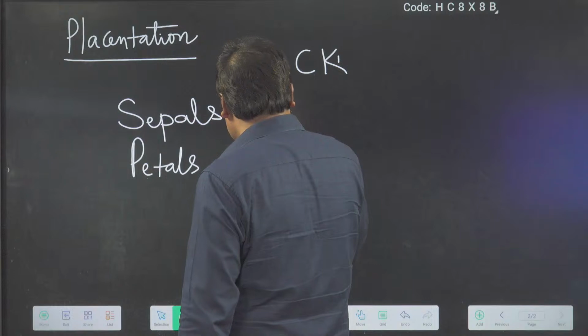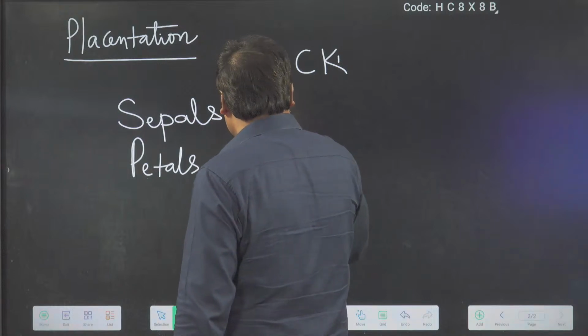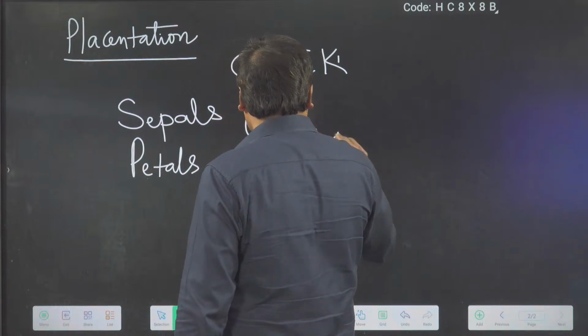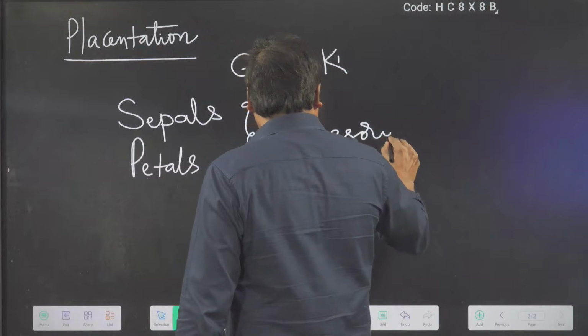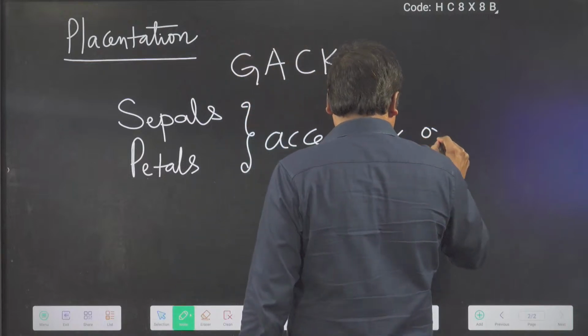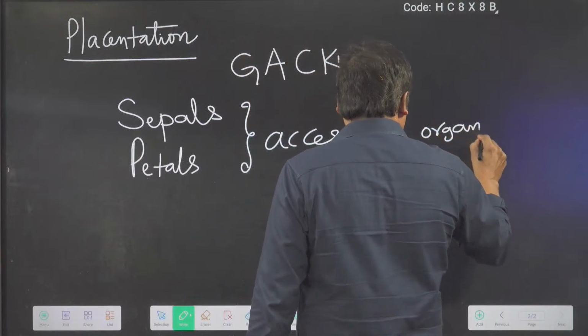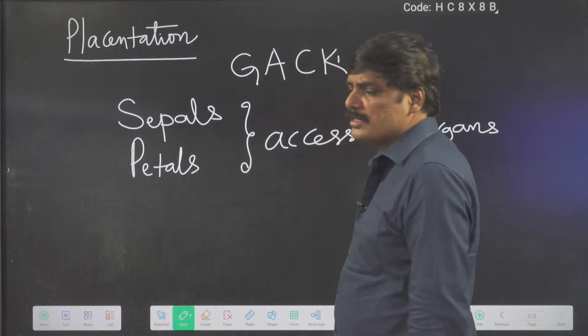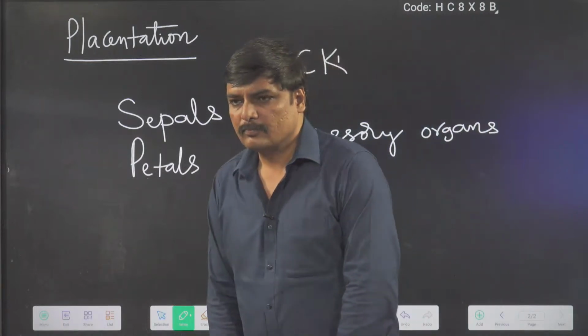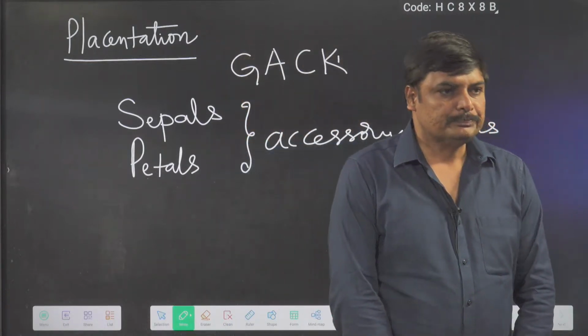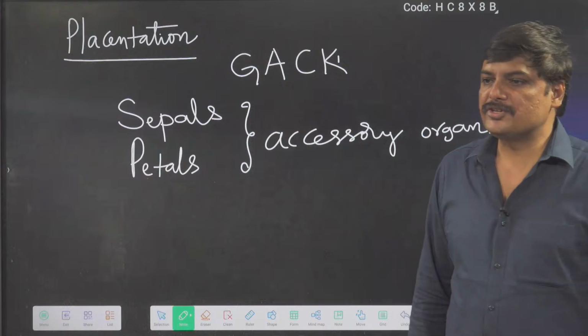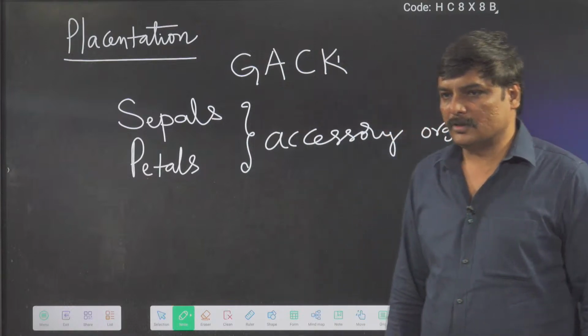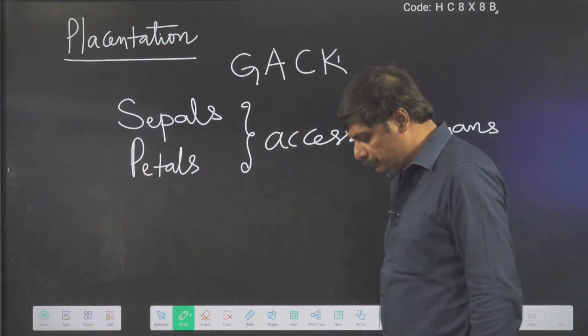That is sepals and petals, combinedly known as accessory organs, also called non-essential organs of a flower. Good. Next.